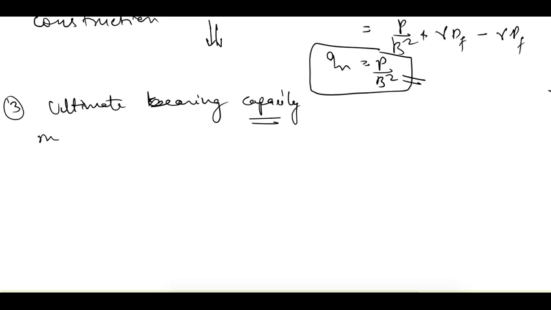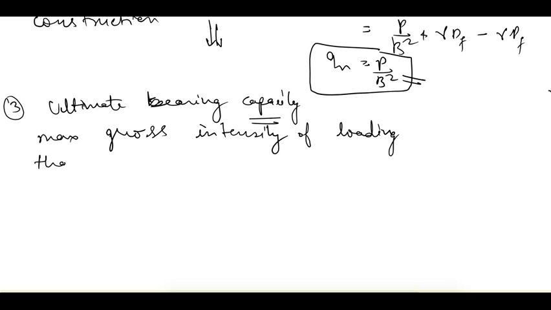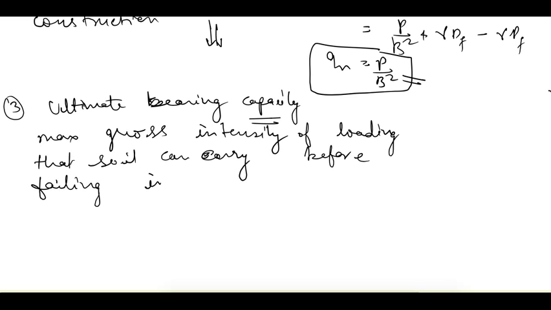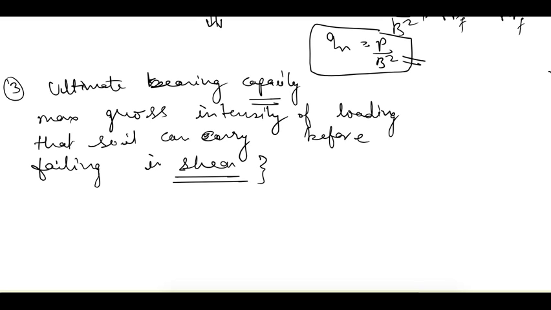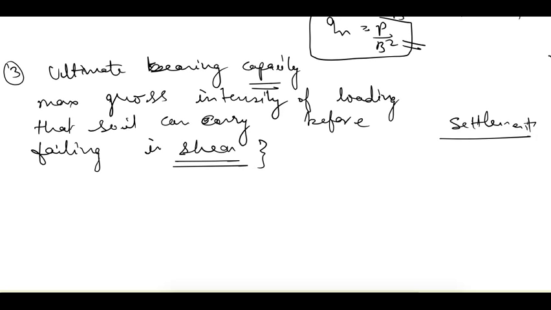It is the maximum gross intensity of loading that the soil can carry before failing in shear. It is also important that we specify shear. It denotes the shear criterion, because the other criterion is the settlement criterion, and for that there is a different definition. So these bearing capacities are for shear.